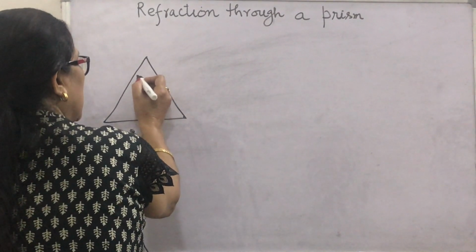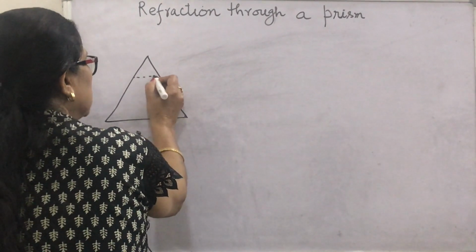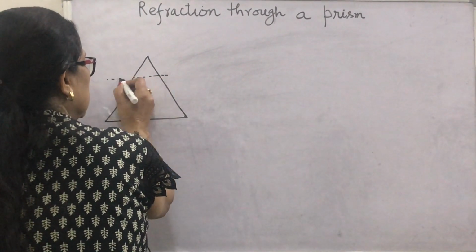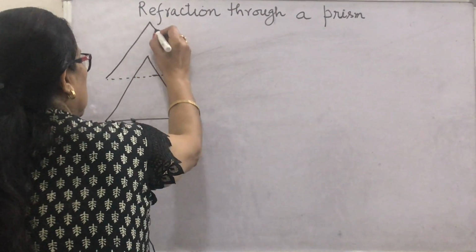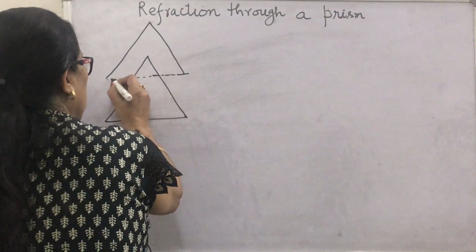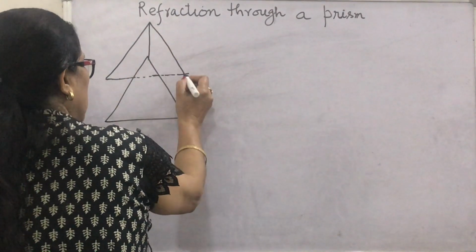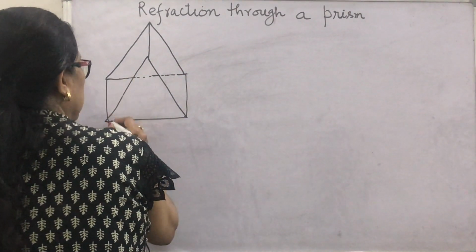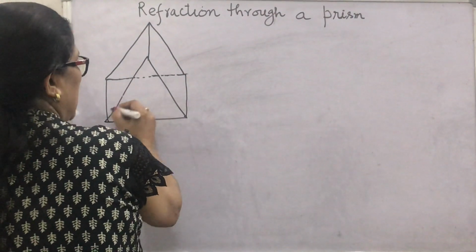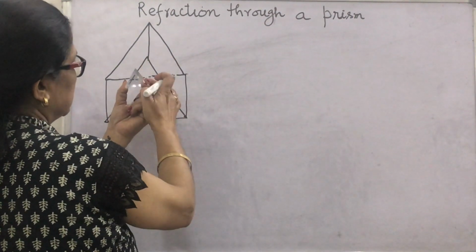If you draw another surface, okay, then if you join this one and this one, look, these are the surfaces, this one and this one.